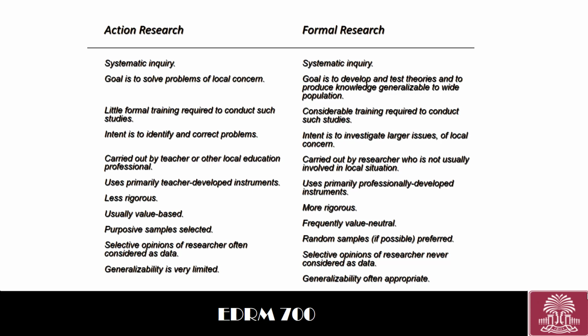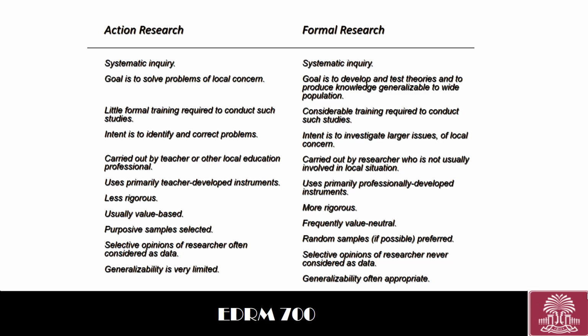When we have action research, usually the research is value-based in some way. Formal research is more frequently value-neutral. With action research, you often use purposive samples, while in formal research, you try to use random samples.